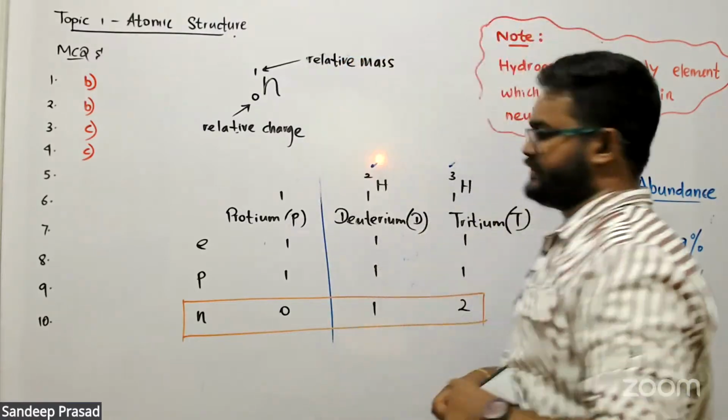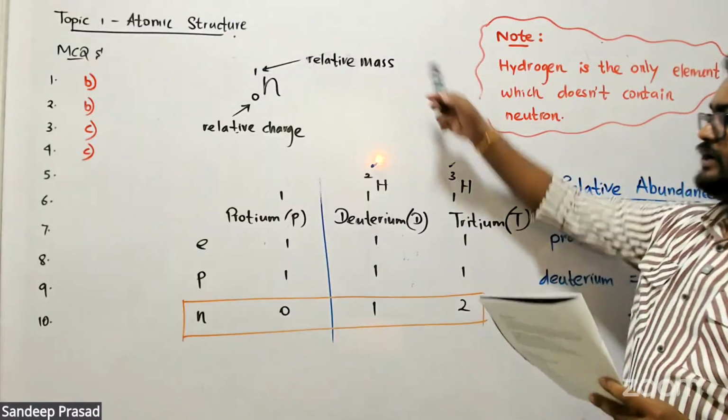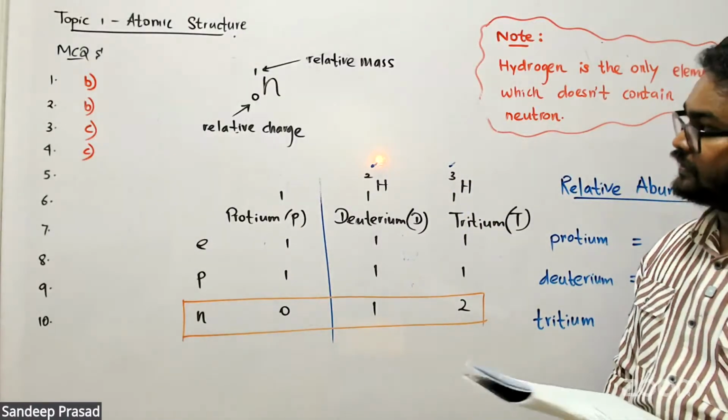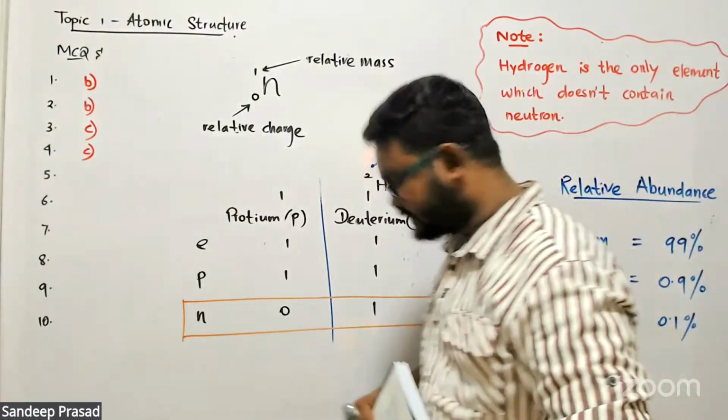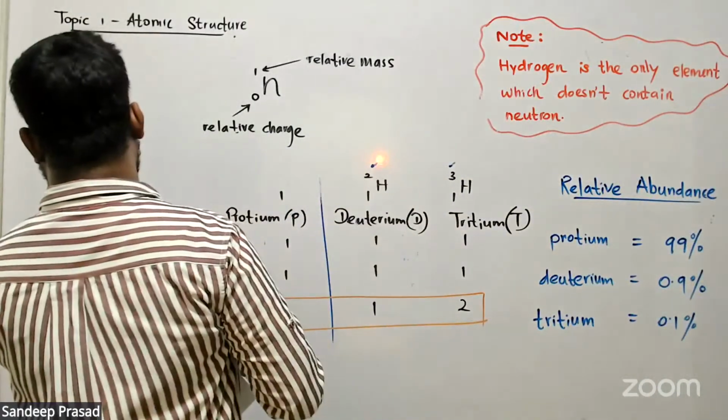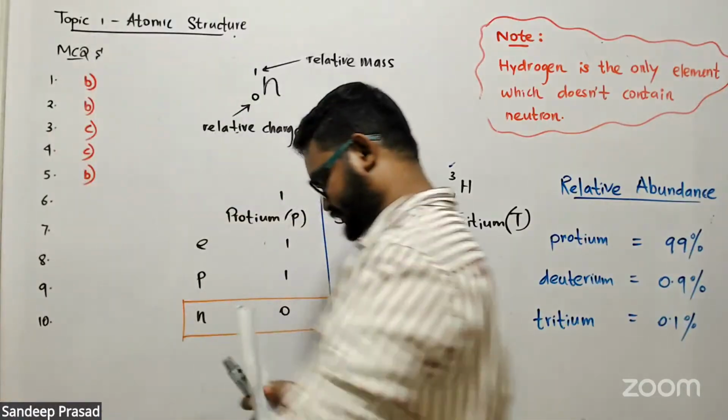Relative charge and relative mass. So the relative mass of a neutron is 1. So question number 5, the answer is B.